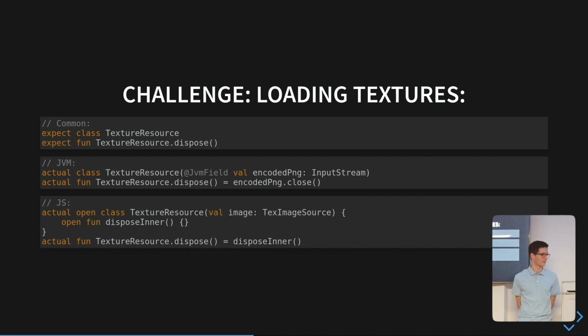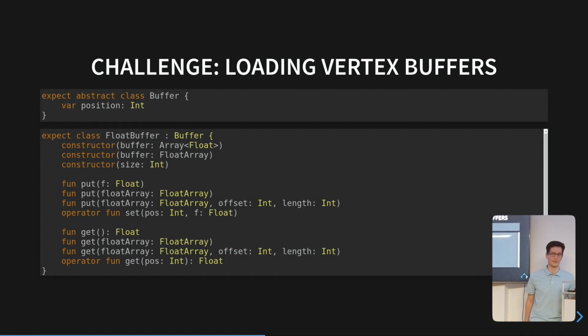And for now, only encoded PNGs are supported. And on Java, the actual type is a wrapper around an input stream, which is an encoded PNG. But on JavaScript, you can use the native type. So the other challenge was loading vertex buffers.